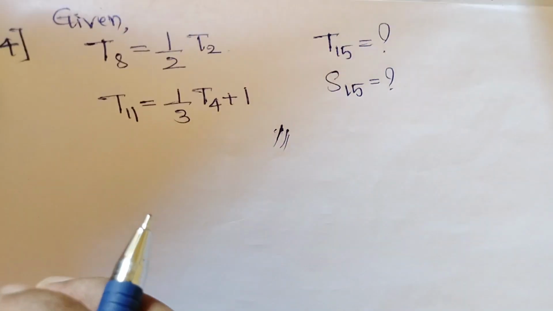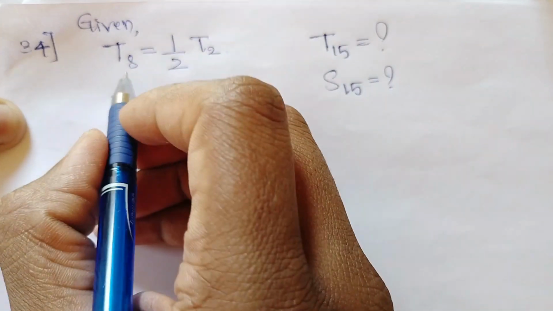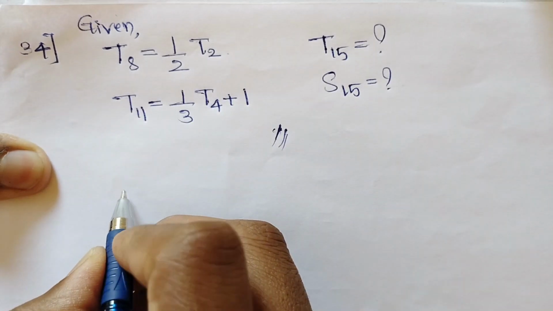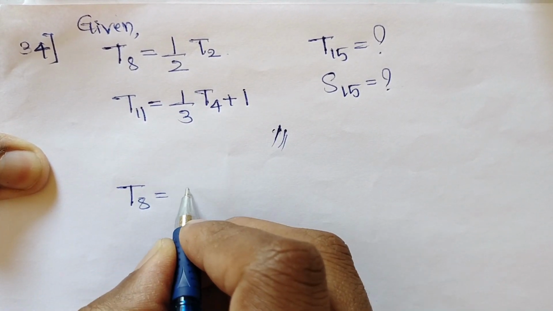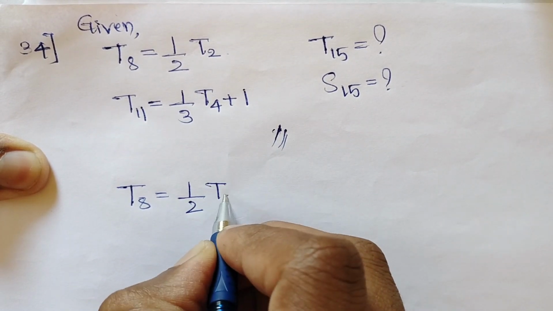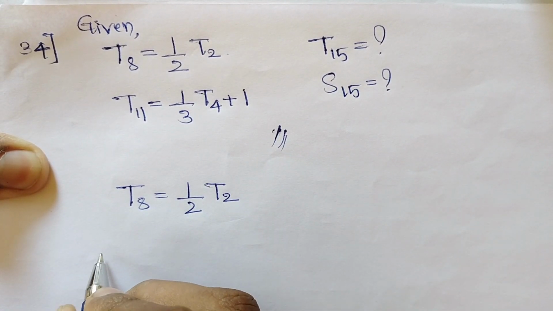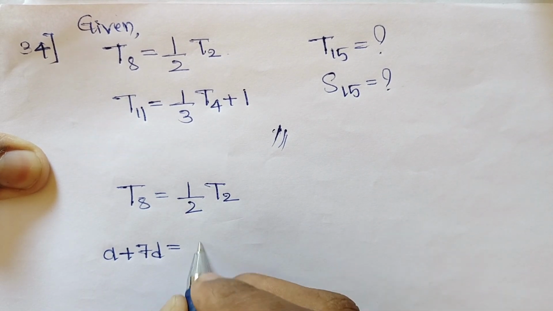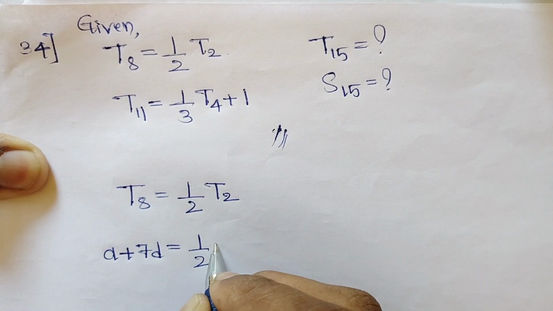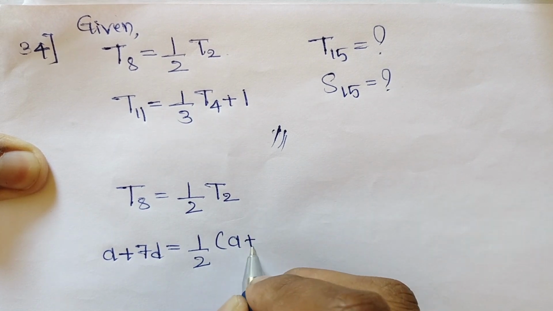Now let us go to T8. Taking term number 8, it is given that it equals half of the second term. Term number 8 can be given as a plus 7d equals 1/2 into (a plus d).